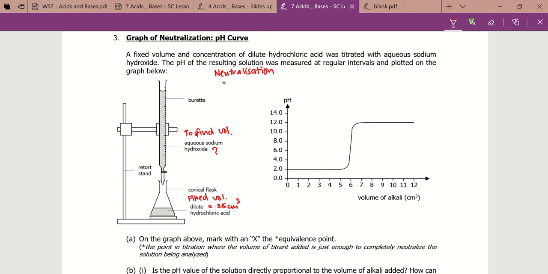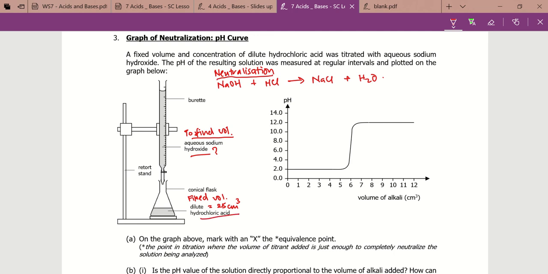So this is an alkali, sodium hydroxide, plus hydrochloric acid, I get sodium chloride, which is the salt, plus water. And again, we need to find out the volume of sodium hydroxide required to neutralize the known volume of acid.